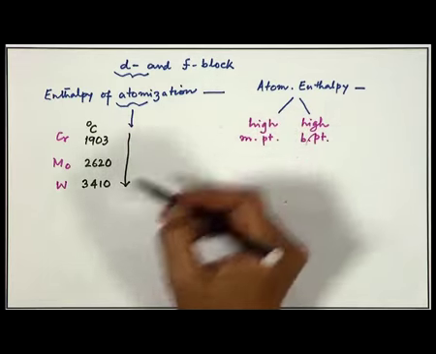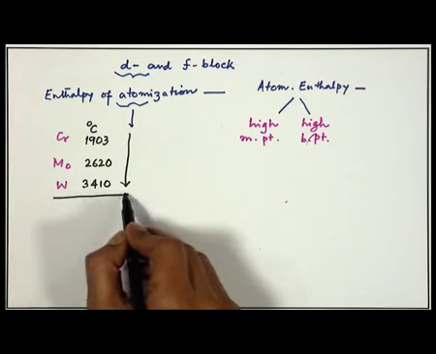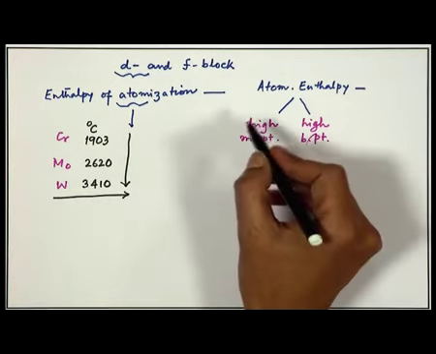So, which is very high, and we consider that there is a trend down that particular vertical line, and we also know that there will be some trend in the horizontal line.